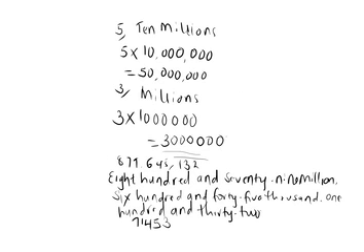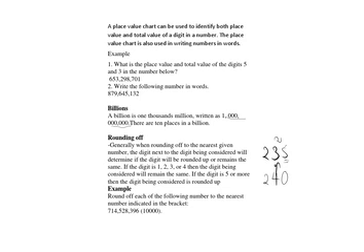So our new number will be 714,530,000. That is our new number after rounding off to the nearest 10,000. That is it for this lesson.